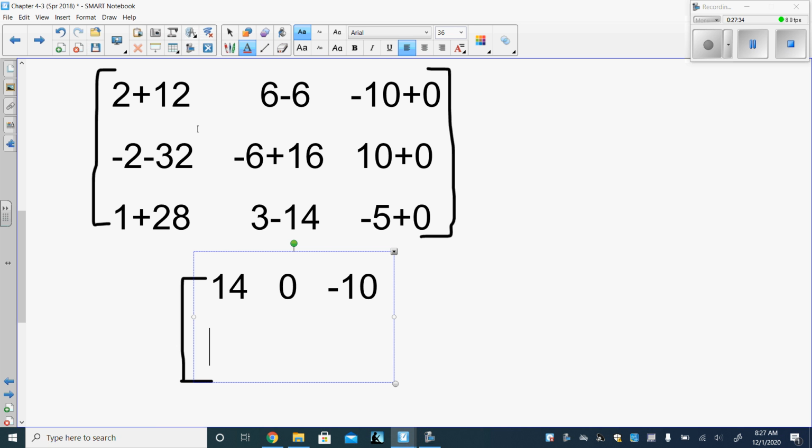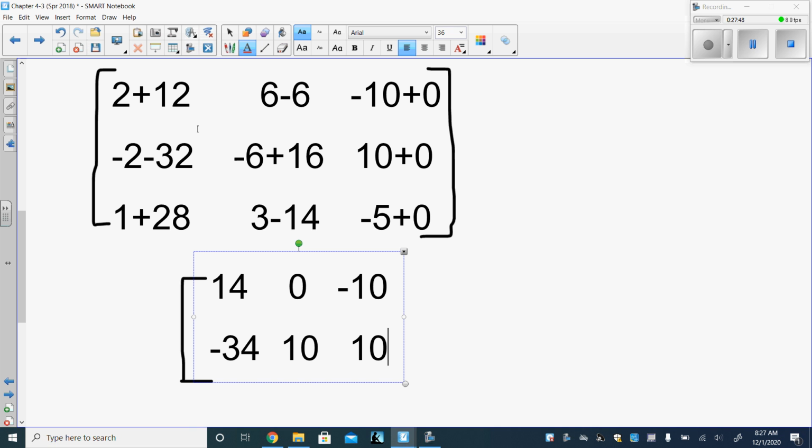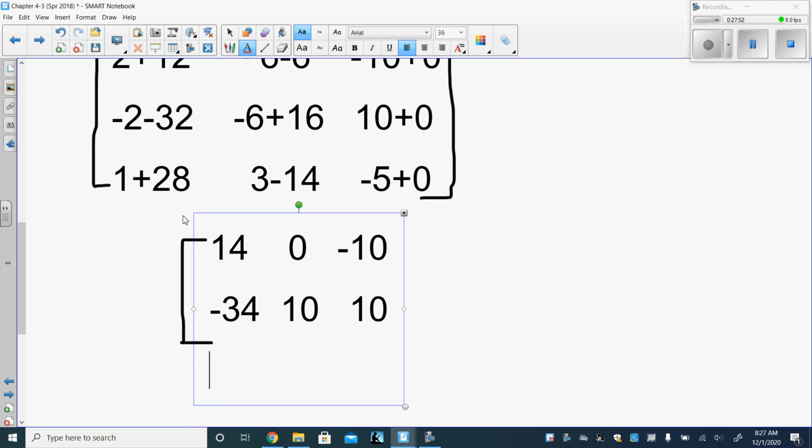Now the next row would be negative 2 minus 32, which would be negative 34. Negative 6 plus 16 would be 10. And 10 plus 0 would give me 10. And lastly, 1 plus 28 would be 29. 3 minus 14 would be negative 11.